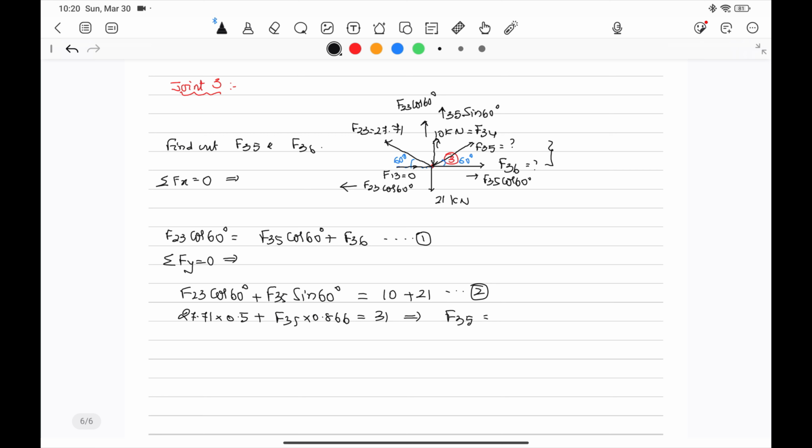Are we getting the correct values? 21 plus 10 is 31.